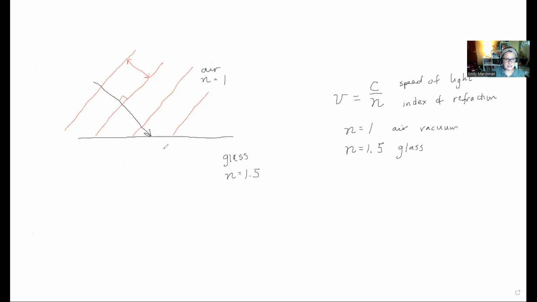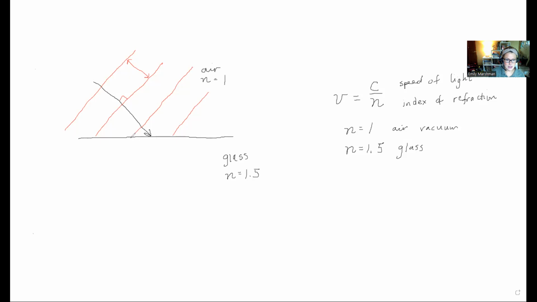And the velocity gets slower in glass, that means that the wave doesn't travel as far in the glass in the same amount of time. And so if I were going to draw what actually happens to the wave fronts here, the wave fronts have to get closer together. The frequency has to remain the same.